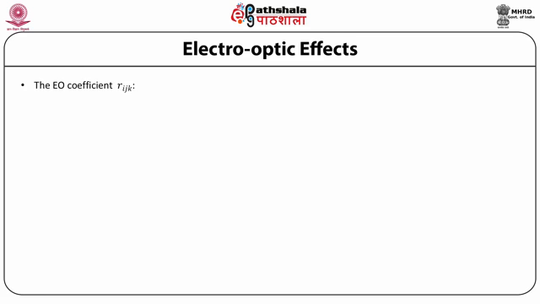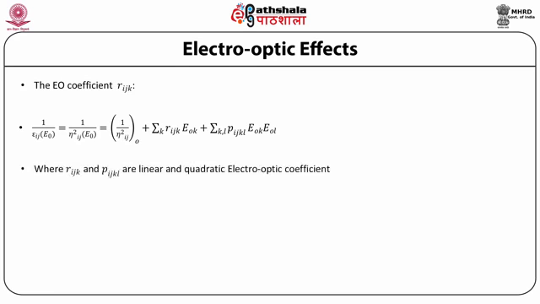So the electro-optic coefficient can be related as 1 by epsilon ij(E naught) equal to 1 by epsilon ij(0) plus summation over k of Rijk E0k plus summation over kl of Pijkl E0k E0l, where Rijk and Pijkl are the linear and quadratic electro-optic coefficients.